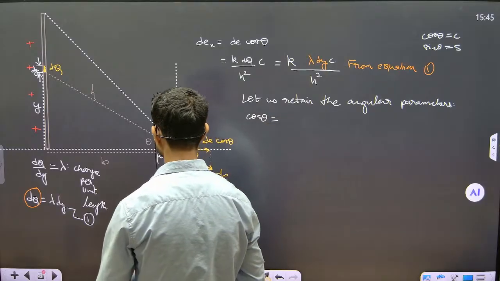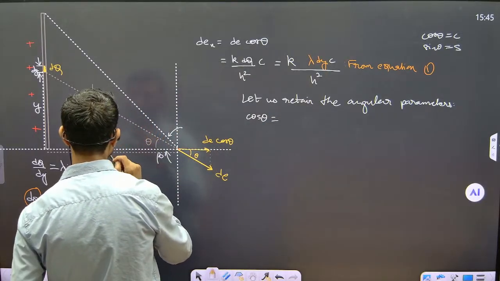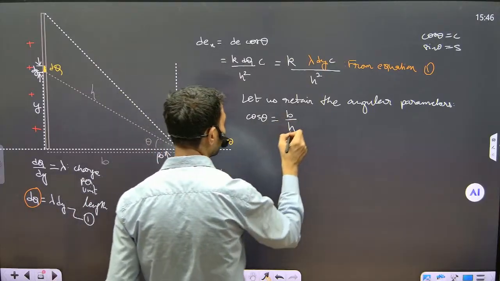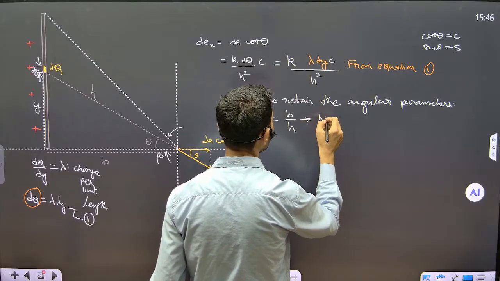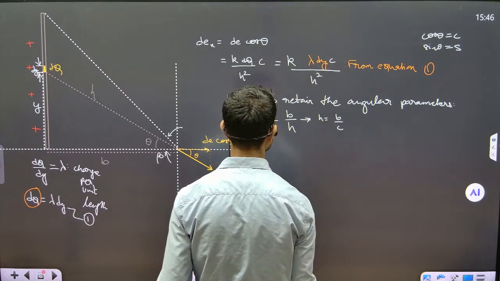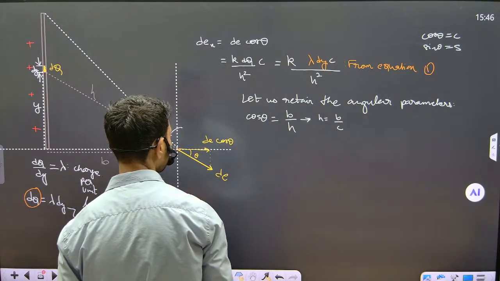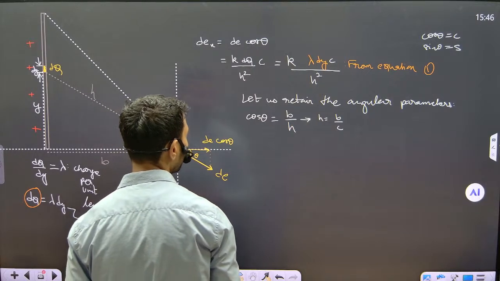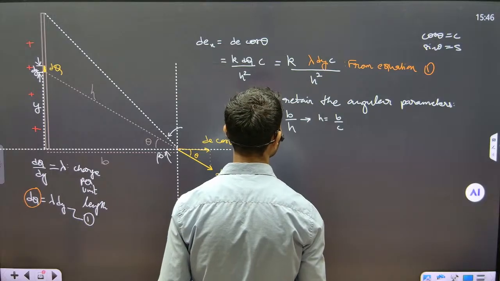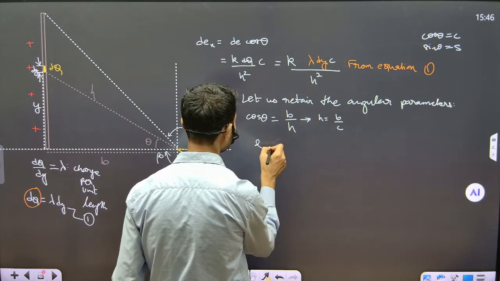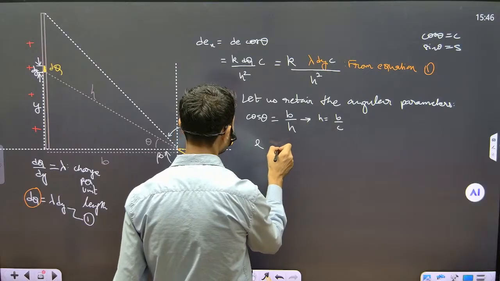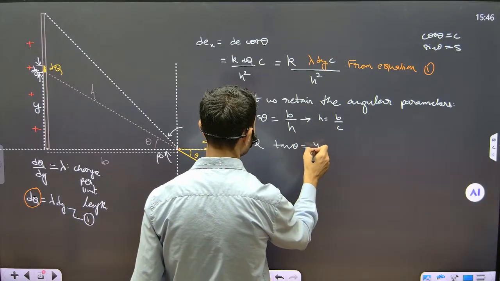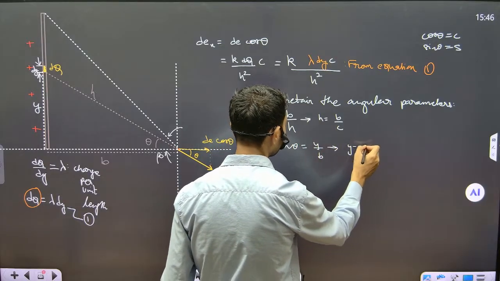So cos theta equal to b by h, right? From here I get that h is equal to b by cos theta, right? And tan theta equal to y by b. That means y is equal to b tan theta.